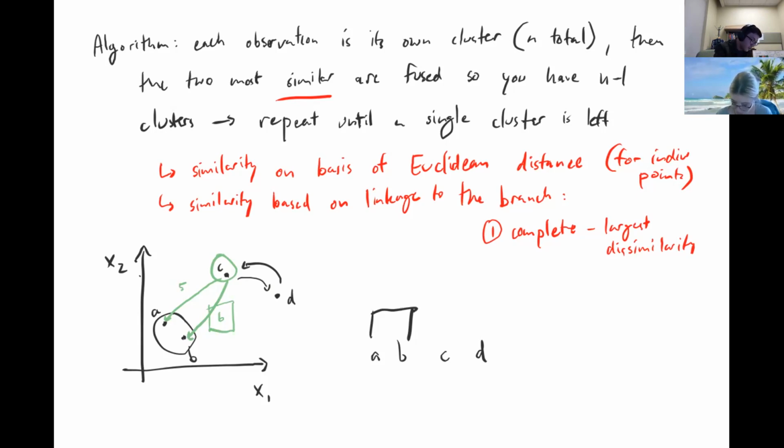You could do what's known as a single linkage, and this is the smallest dissimilarity.